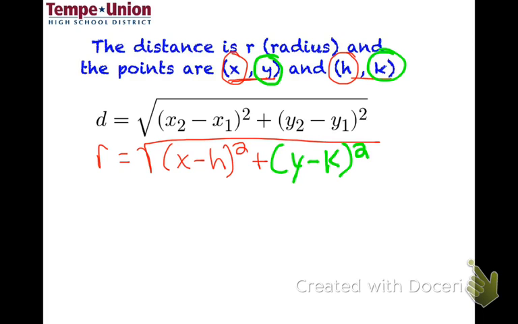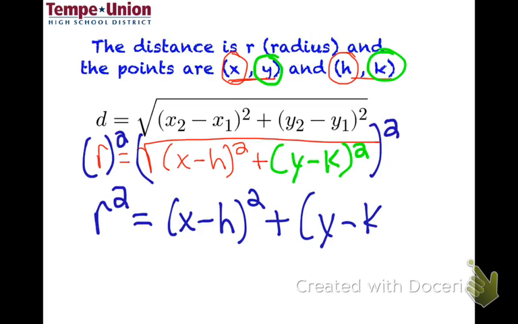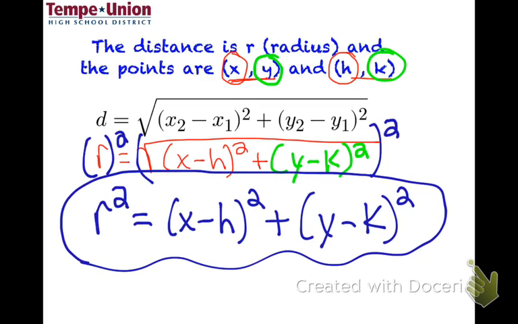The last thing to do is, if we want to get rid of the radical sign, we can square both sides of the equation. So we get r squared equals, we lose the radical, x minus h quantity squared plus y minus k quantity squared, and voila, that is the equation of a circle that we're going to utilize today.